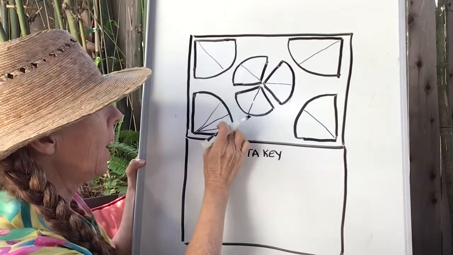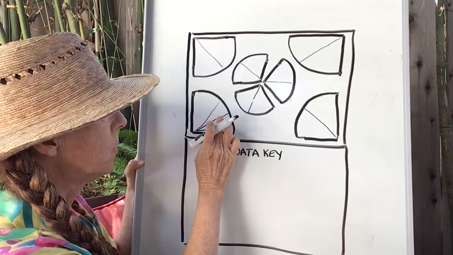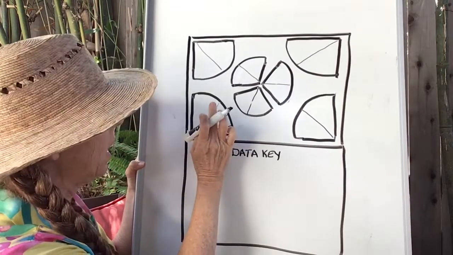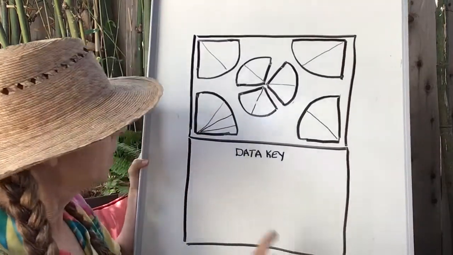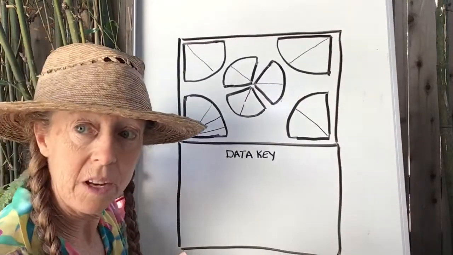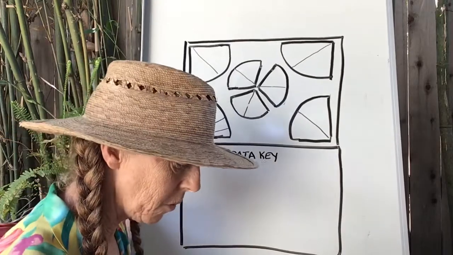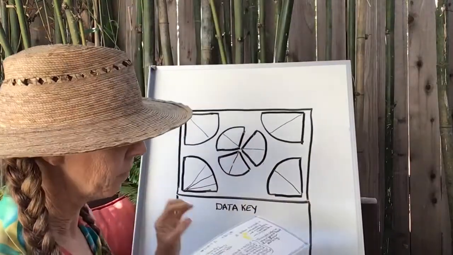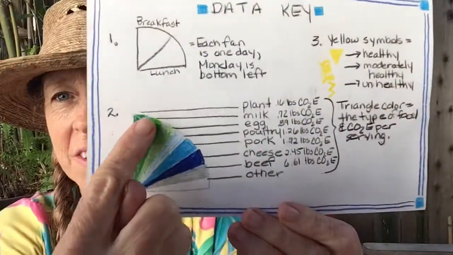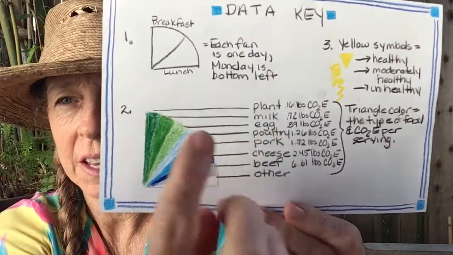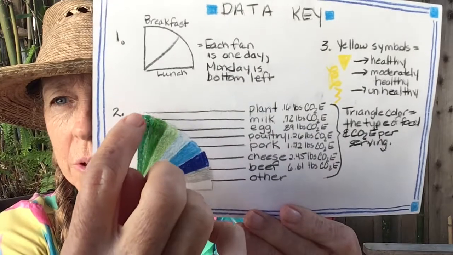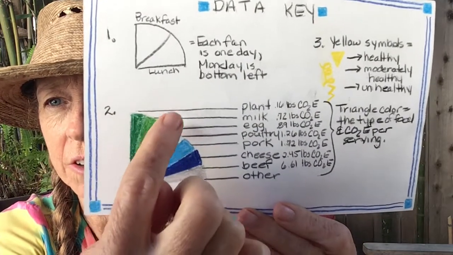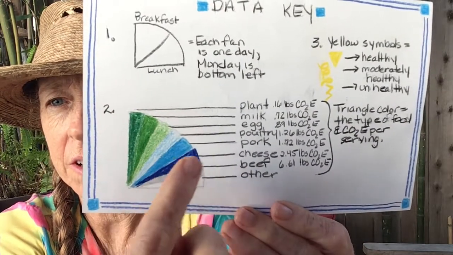One, two, three. Egg, sausage, and mushroom. Now on my chart, for my symbols, I've chosen color. Let's take a look at that. You can see that each food is represented with a triangle of color, and each one has its own color.